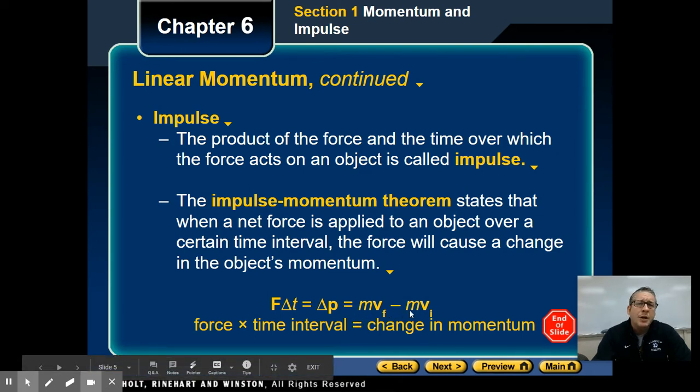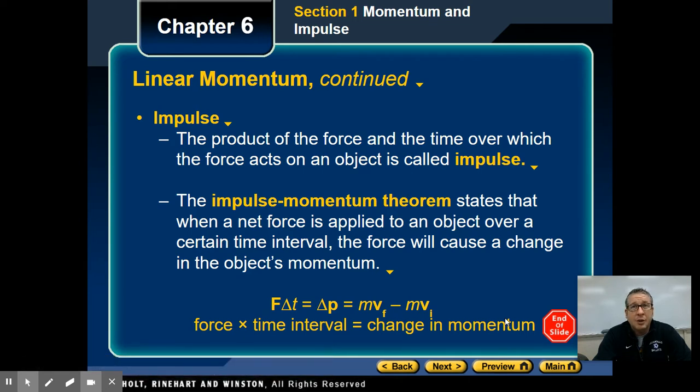So really what you want to do for your formula sheet is this. F delta t is equal to mvf minus mvi. That's what you really should write down, okay? So we're going to be using that formula as we get into our calculations today.